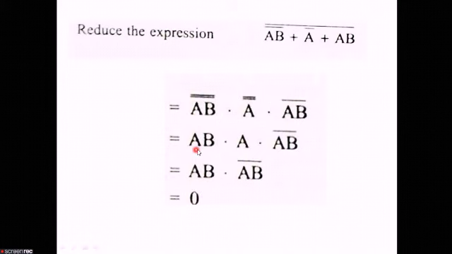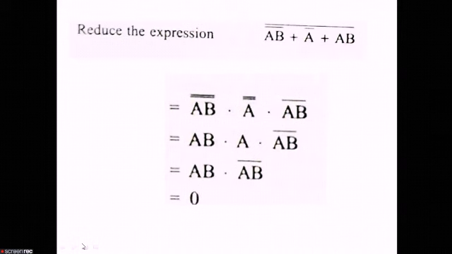In this case, 2A means you can write 1A only, A and B. That's why A dot A is equal to A. So A dot B dot of A dot B bar. So this A dot A bar means 0. So A bar dot of A dot B bar will be equal to 0. So we have got the answer. That is, the answer of this one is equal to 0.